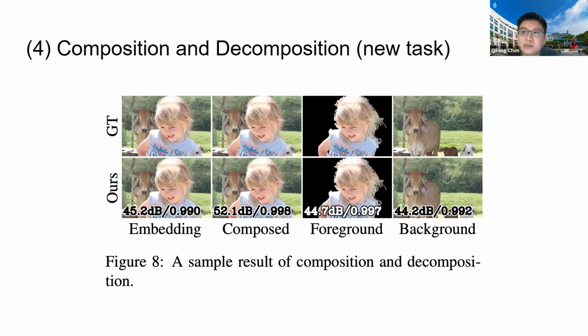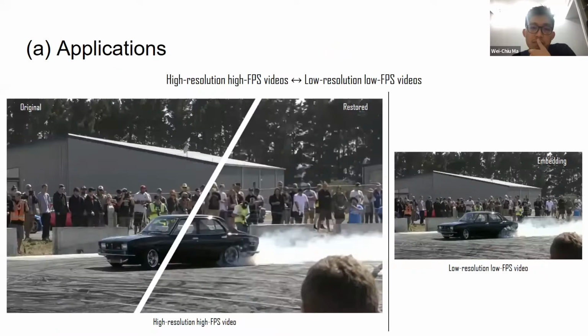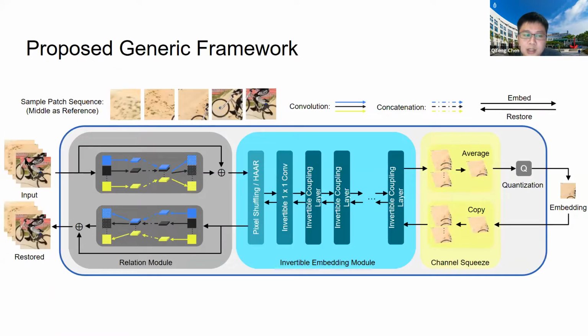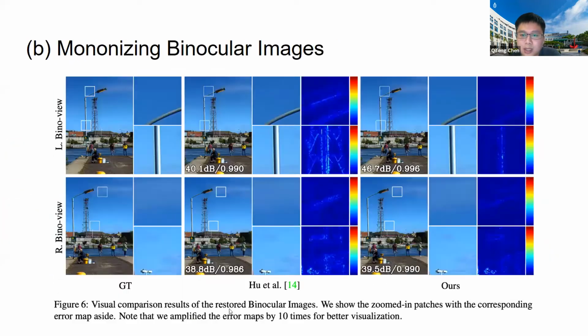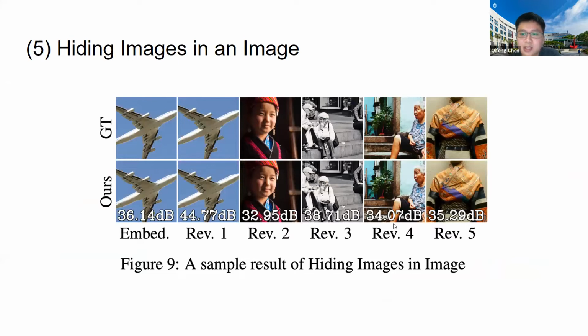We don't have any assumption that the input image patches must be related. They can be unrelated at all. In the final application, we can also reconstruct five unrelated images.